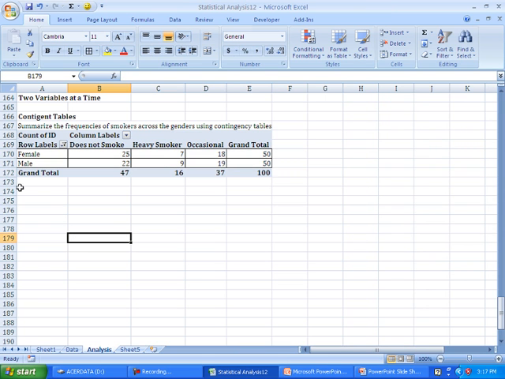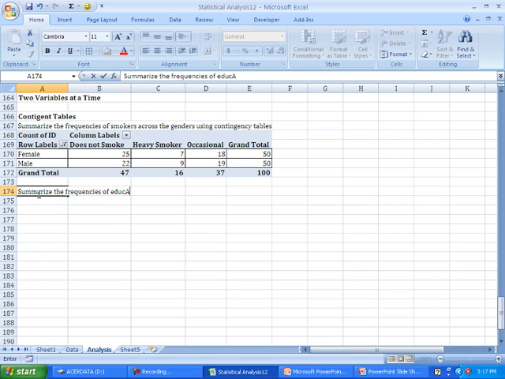Alright, probably let's try out one more example. Summarize the frequencies of education levels across different marital statuses.